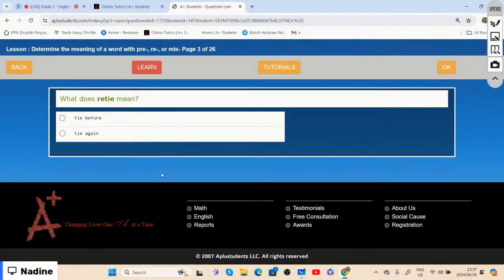Yes. All right, it says retie. What does retie mean? Retie something. Does it mean that I tie something before, which is option one, or option two, to tie again? Retie. Is it option one, tie before, or option two, tie again?